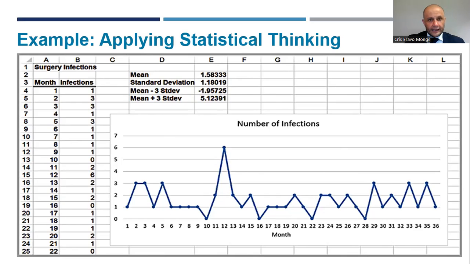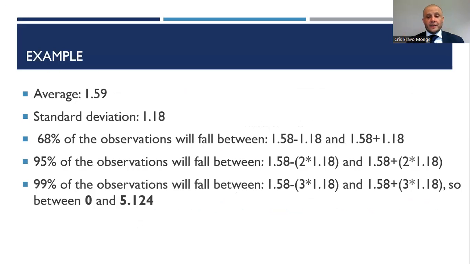We're going to apply the rules of thumb. Remember that the rules of thumb say that 68% of the data will fall between the mean minus 1 standard deviation and the mean plus 1 standard deviation. That 95% of the data would fall between 2 standard deviations to the left of the mean and 2 standard deviations to the right of the mean.